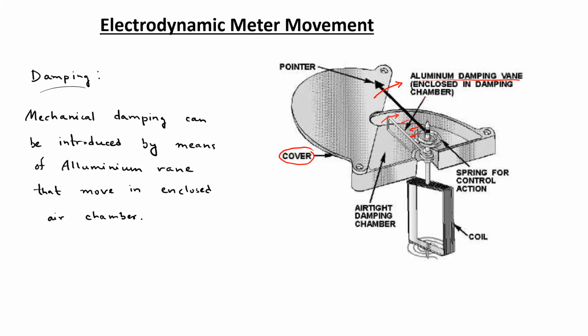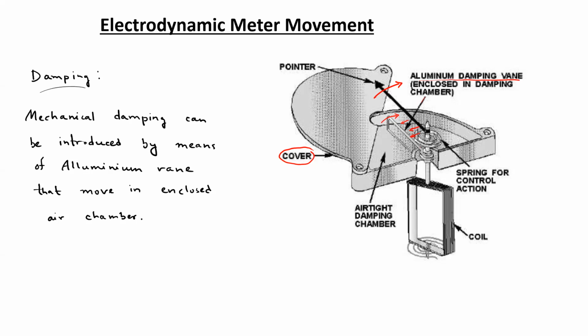Now, the springs are also producing some opposing torques. Along with that, introduction of the damping mechanism through aluminum vanes can also work as additional damping mechanism.